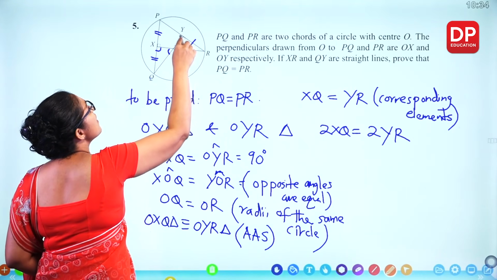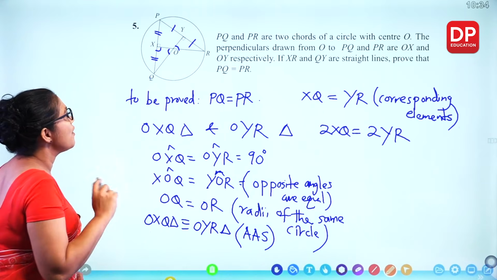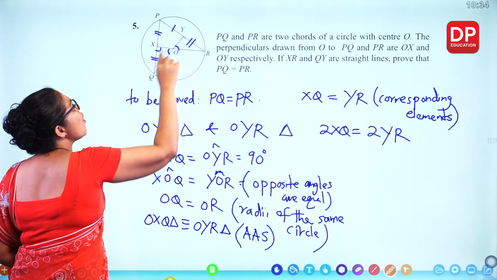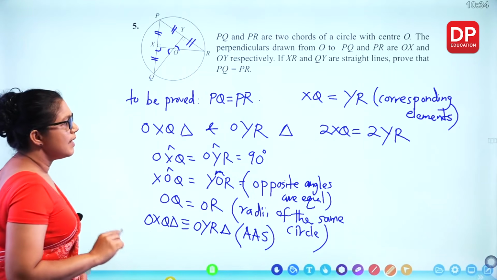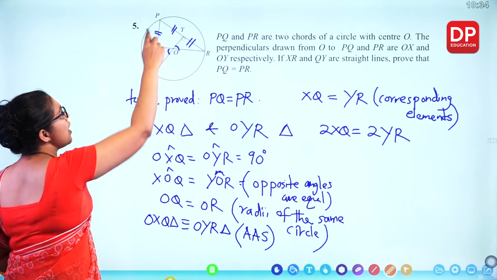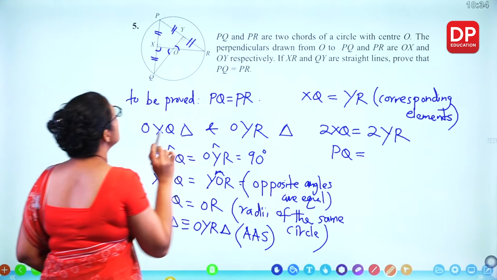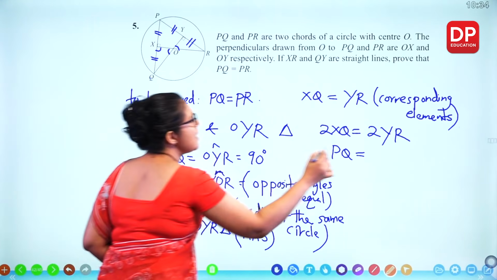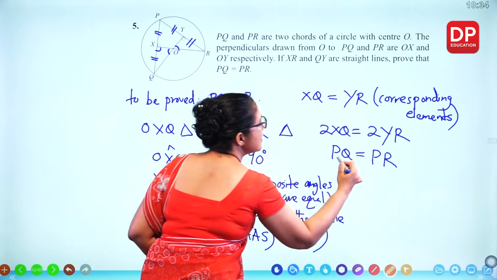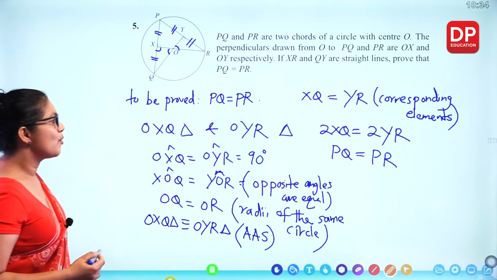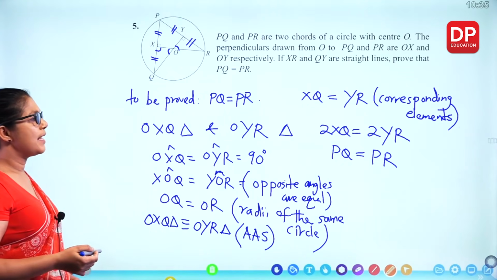If it's this one, this is also same length. Now we found out these are also same lengths. So when you double XQ, you get PQ. When you double YR, you get PR. So we can see that PQ is equal to PR.